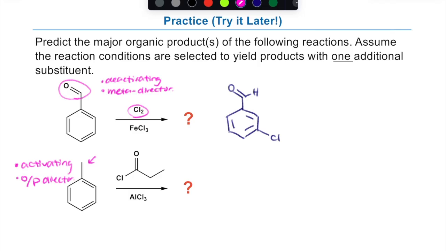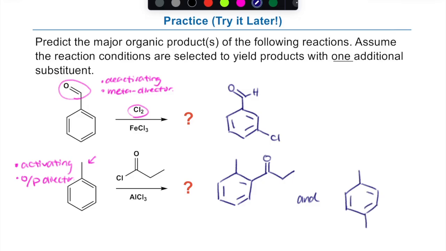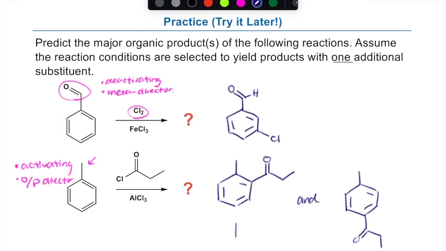So overall, our final products this time are when it is at the ortho position and when it's at the para position. And just like we talked about in class, sterics could have an effect here, so likely you would get maybe a little bit more of the para product compared to the ortho product.